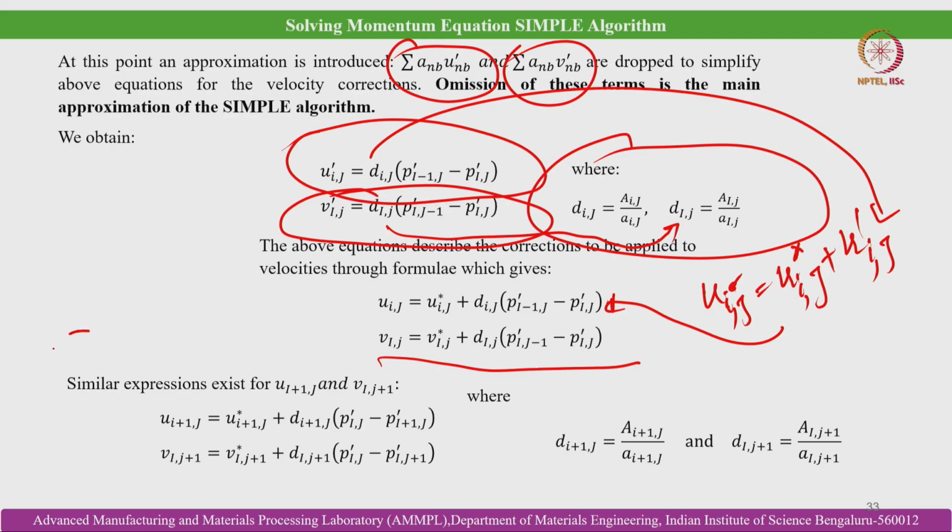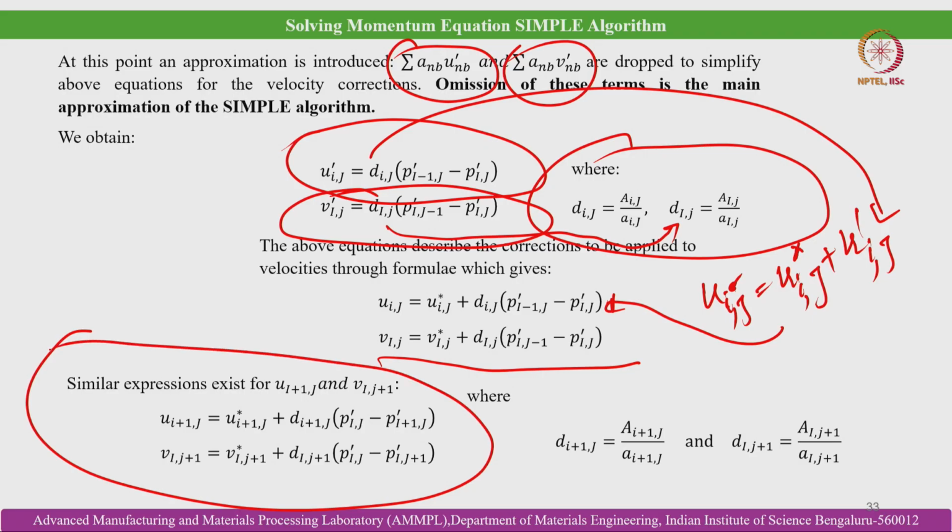Likewise we can estimate the actual velocity values in x and y direction for all the nodes, based on this set of discretized equations. Accordingly, the coefficient small d also changes, and takes a similar form, which is shown over here.